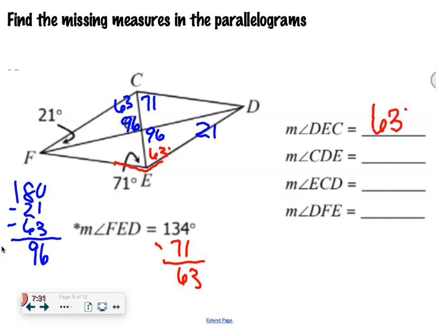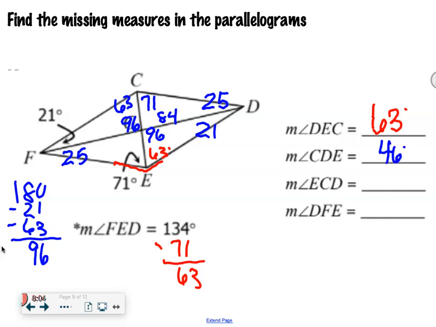How can I find this one next to it? 180 minus 96 is 84. Now to find this missing guy over here, what's 180 minus 71 minus 84? 25. And if this is 25, this guy's 25, so it's 46. You guys were close with the 42, but it's 46.